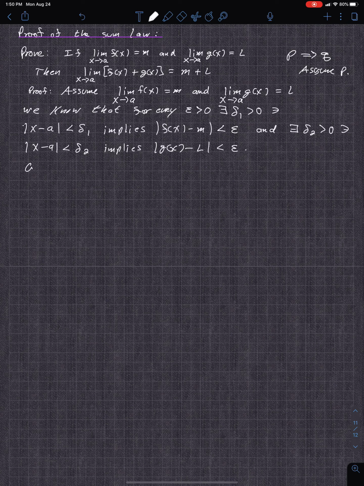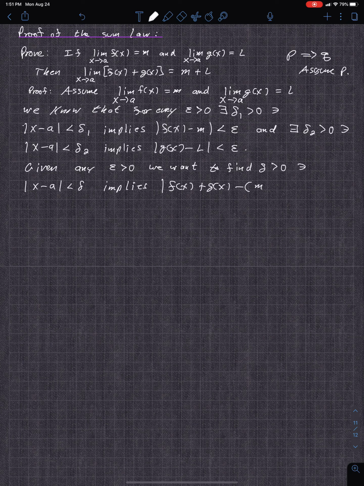So what we want is, given any epsilon greater than 0, we want to find delta greater than 0 such that absolute value of x minus a less than delta implies absolute value of f of x plus g of x minus quantity m plus L is less than epsilon.